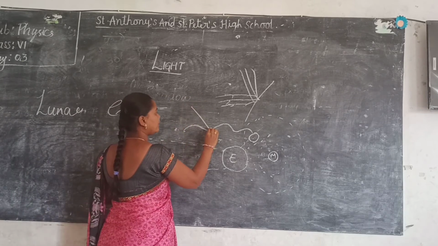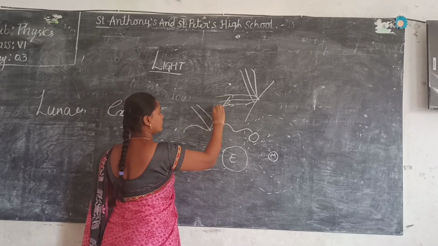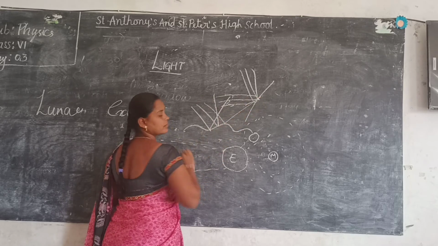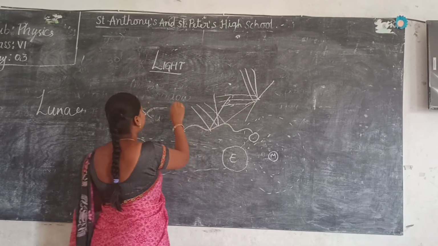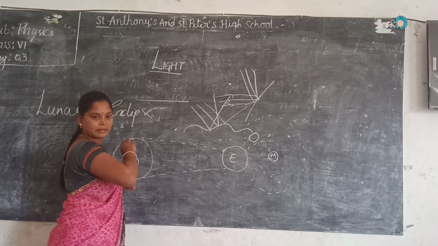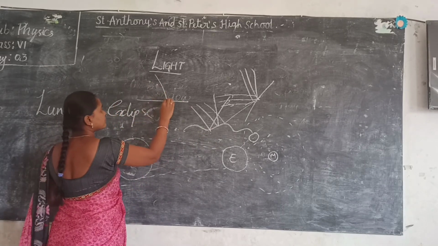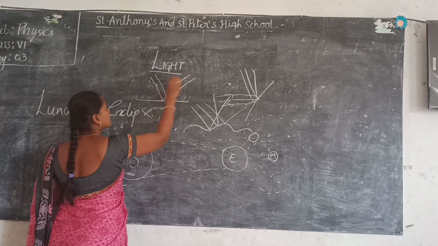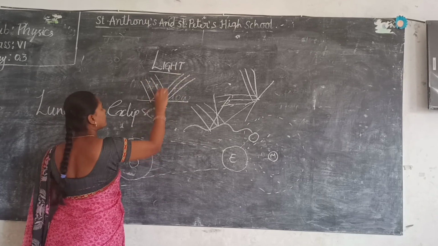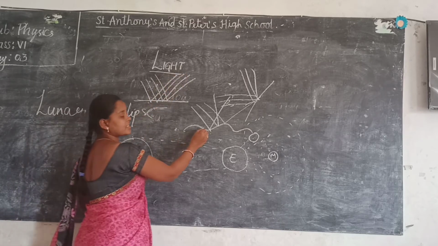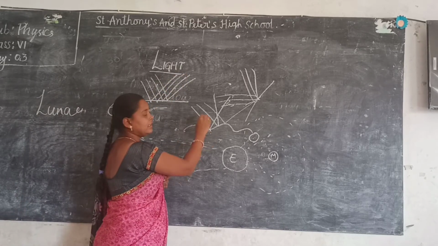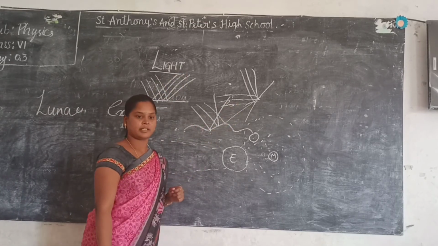One ray comes here, goes like this. One more comes here, goes like this. The reflection is different. But when it falls on a plane surface, the reflections will be the same. As the surface is the same, the reflection will also be the same. As the surface is irregular, the reflection will be different.